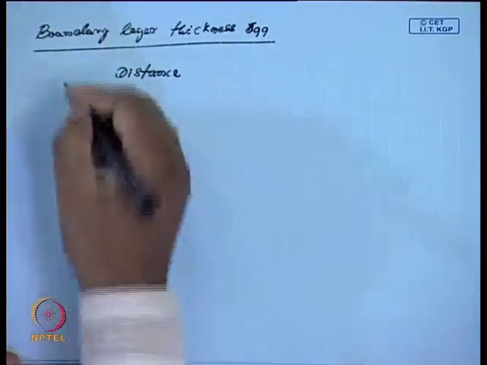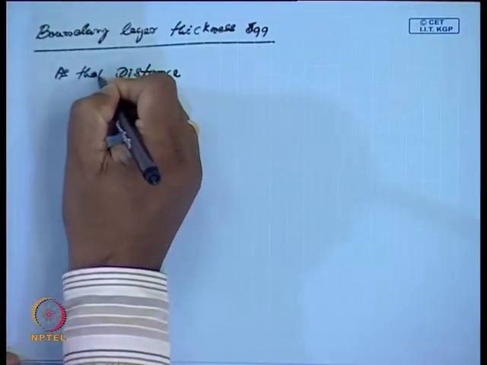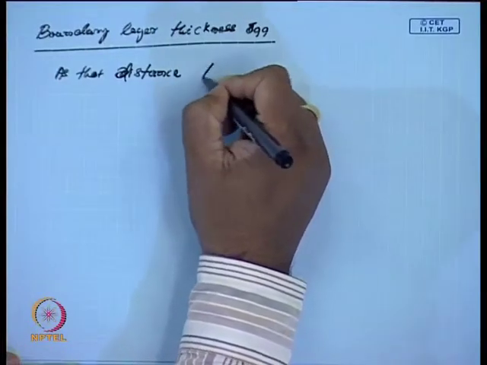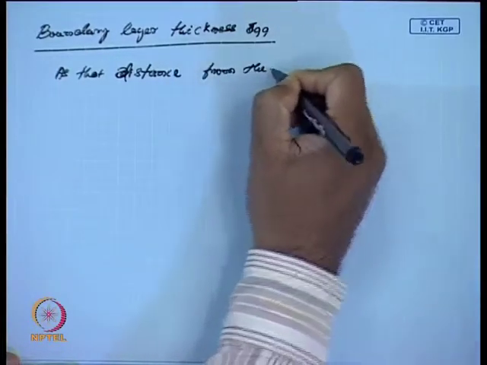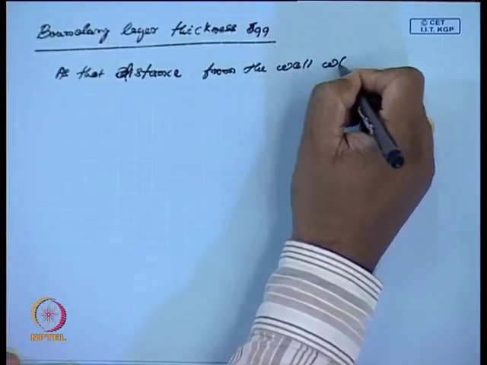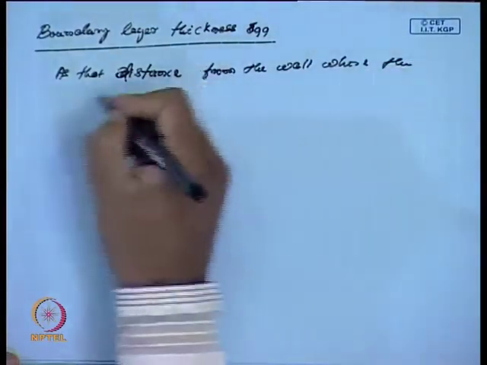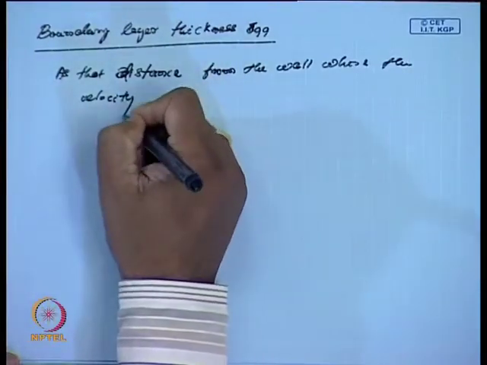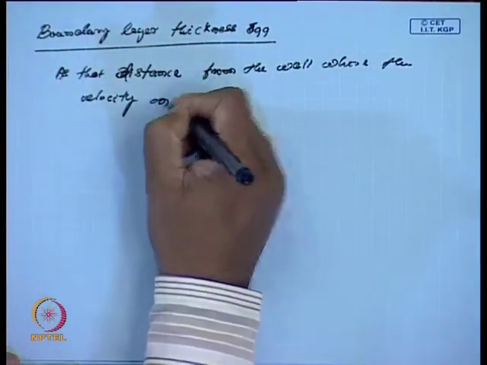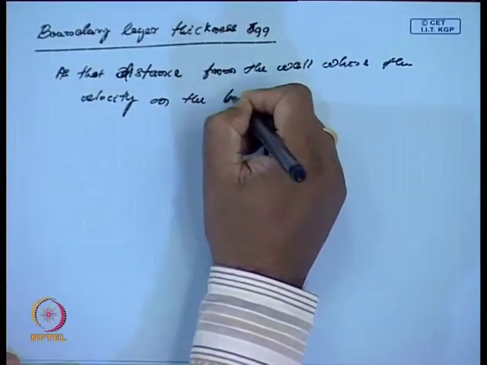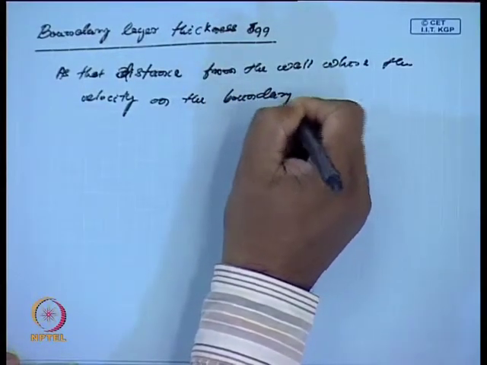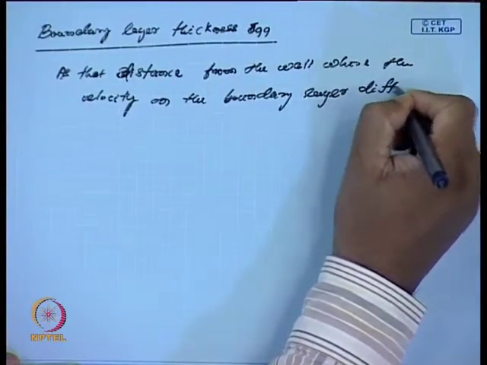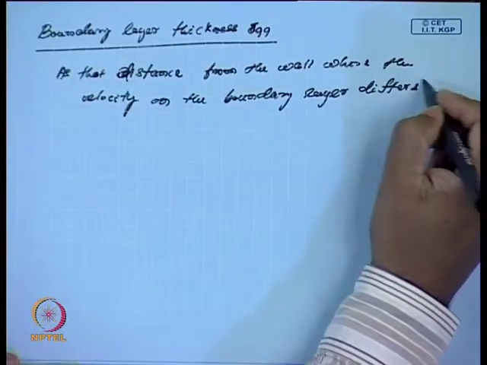It is regarded as that distance from the wall where the velocity on the boundary may differ from the potential flow velocity.